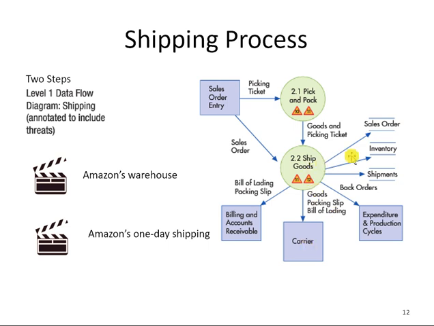Meanwhile, it's going to update the sales order database, inventory database, and shipment database. It's also going to send the bill of lading and packing slip to the billing department.